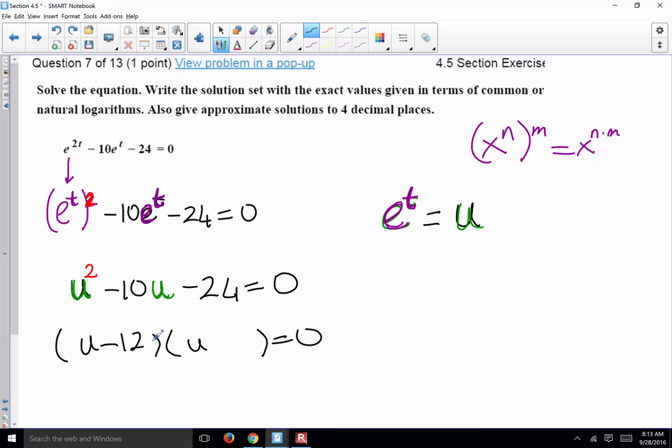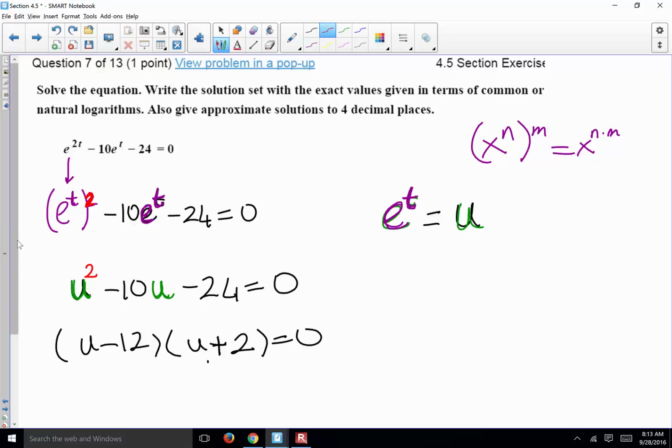Minus 12 and 2. First thing that came to my mind was 6 and 4 to make 10, but 6 and 4 will never make minus 24 and minus 10 at the same time. 12 and 2 is the right one.